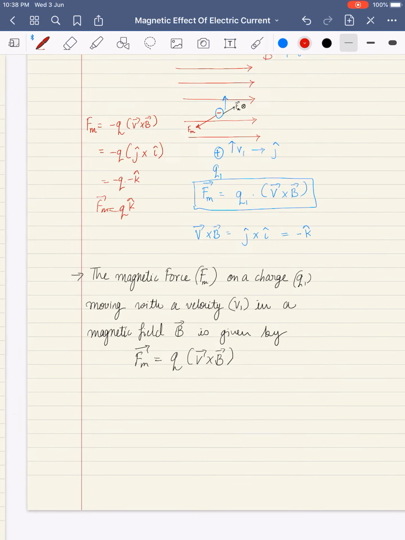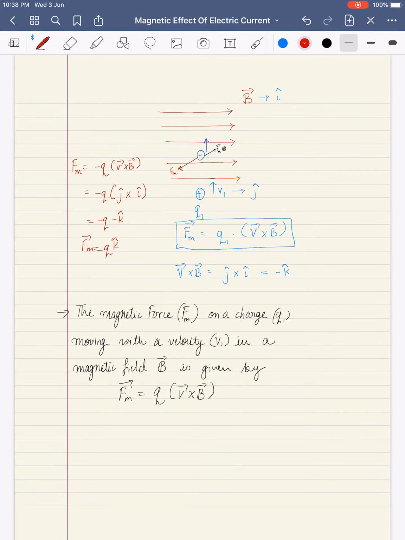Now when the charge is experiencing both an electric field and a magnetic field, what if there are two vectors present and the charge is moving perpendicular to each one of them?